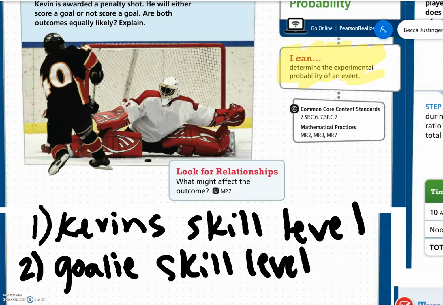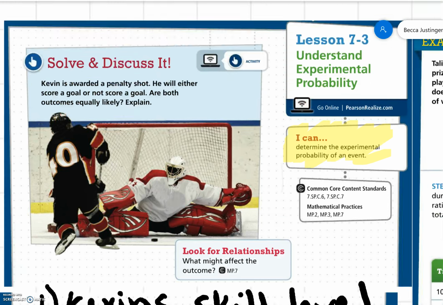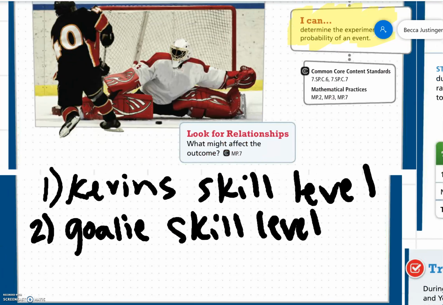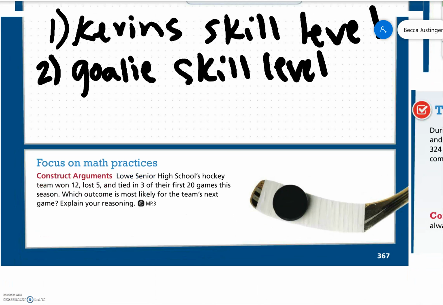Because even if Kevin's a super good hockey player, the goalie could be very good and block his shot. So it is not an equal chance that he scores a goal or doesn't score a goal, because there are other factors involved. Let's focus on math practices.